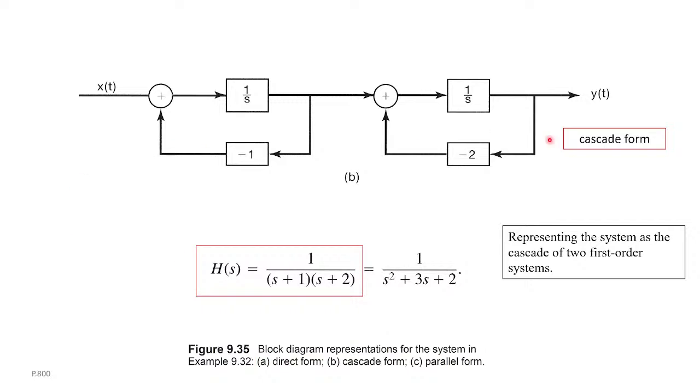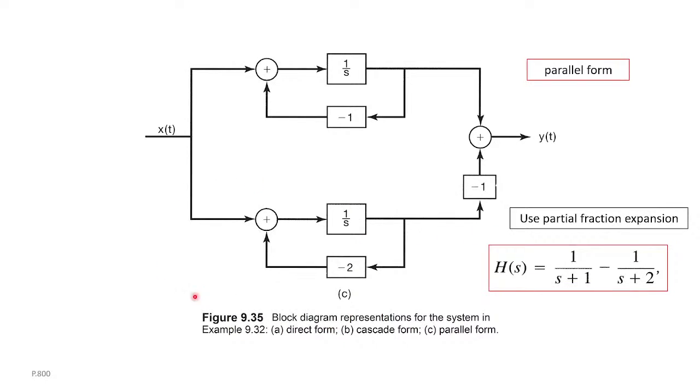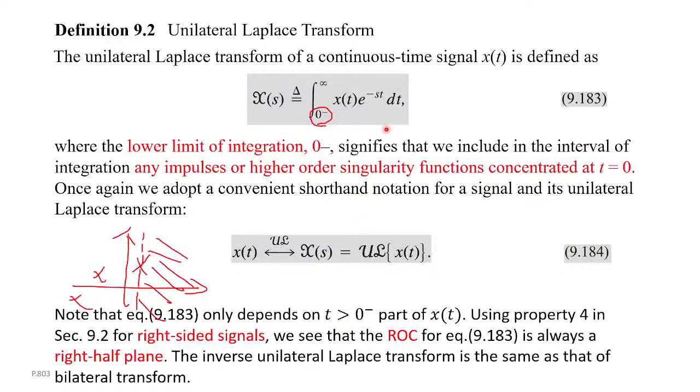And then you can do cascade form, that is when you do factorization of your terms, and you just have a serial cascade of first order systems. And you can also do partial fraction expansion, then you can do this parallel first order system, and then sum together. That's a parallel form. Question?